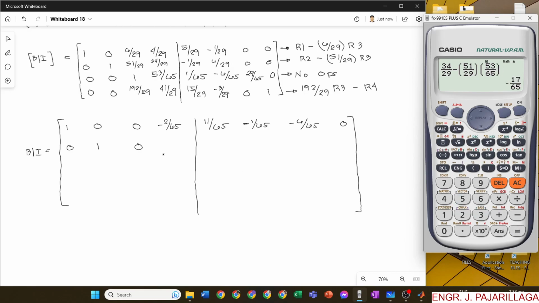Negative 17 over 65. Okay? And then ito naman, we have negative 1 over 29. Babawasan ko siya ng 51 over 29 multiplied to 1 over 65.